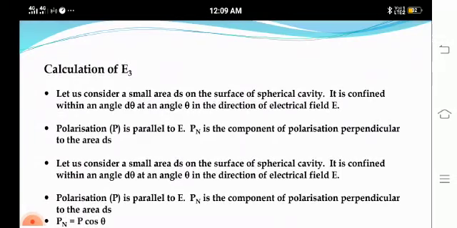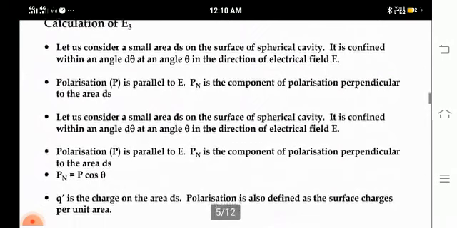It is contained within an angle d theta, at an angle theta to the direction of electrical field E. Polarization is parallel to E, so Pn is the component of polarization perpendicular to the area ds. That is, Pn is equal to P cos theta, where Q dash is the charge on the area ds.